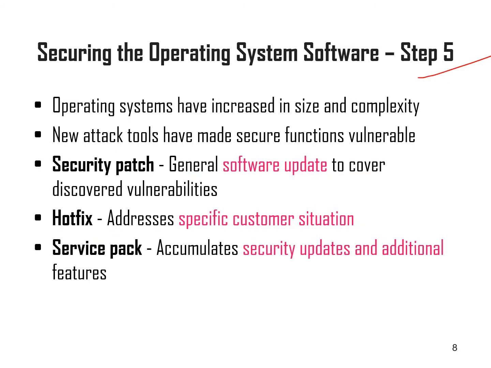And in the fifth step, operating systems have increased in size and complexity. New attack tools have made secure functions vulnerable, right? During the evolution of operating systems, the size and complexity have also increased. Based on this, a number of attacking tools have been made.